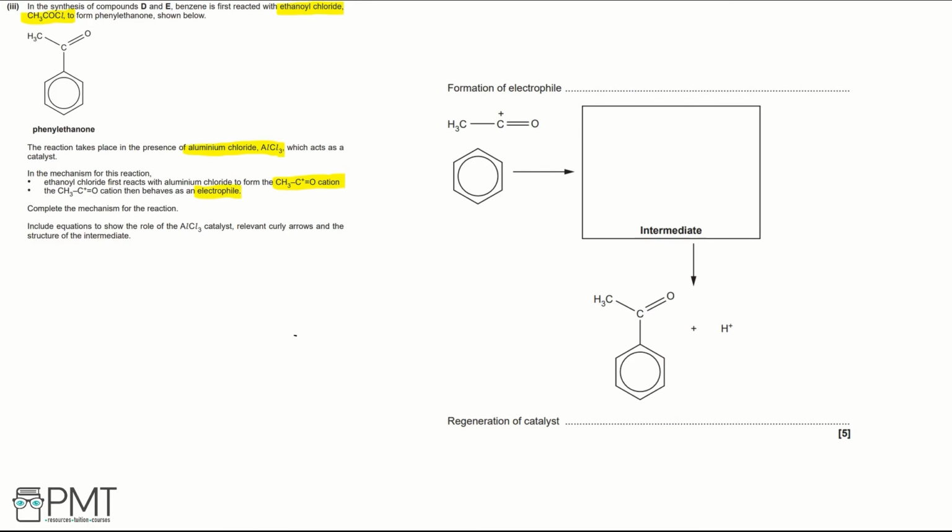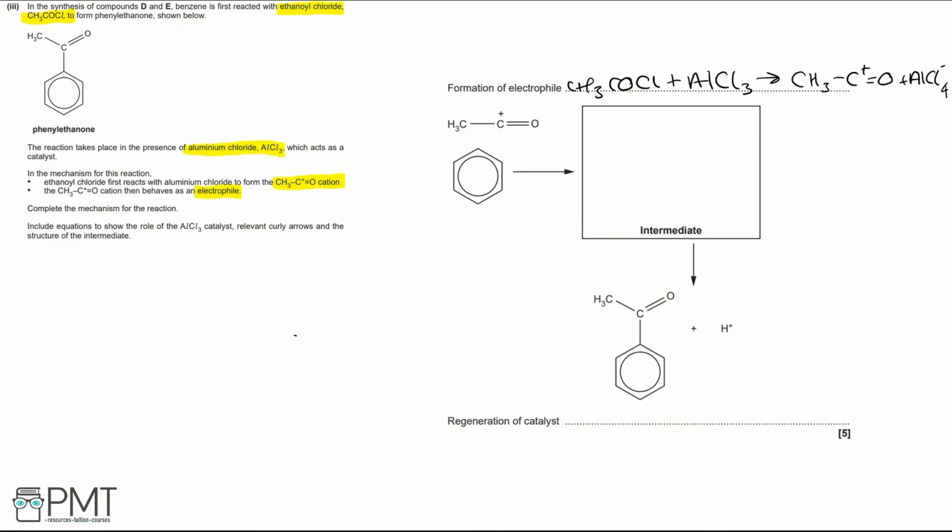So, with the formation of electrophile equation, we would write CH3COCl to show ethanoyl chloride, plus aluminium chloride, AlCl3, and then we would form our electrophile, CH3C plus double bond O, and AlCl4-. This is the formation of the electrophile equation.